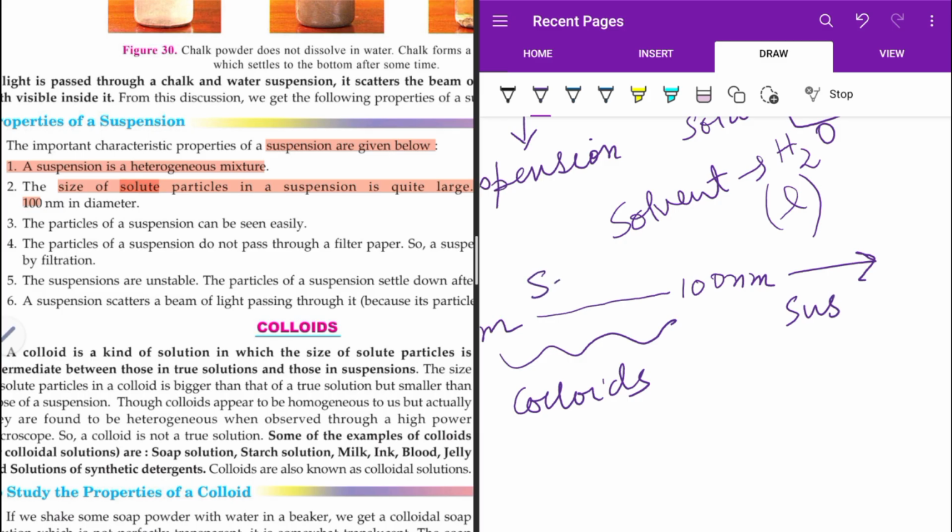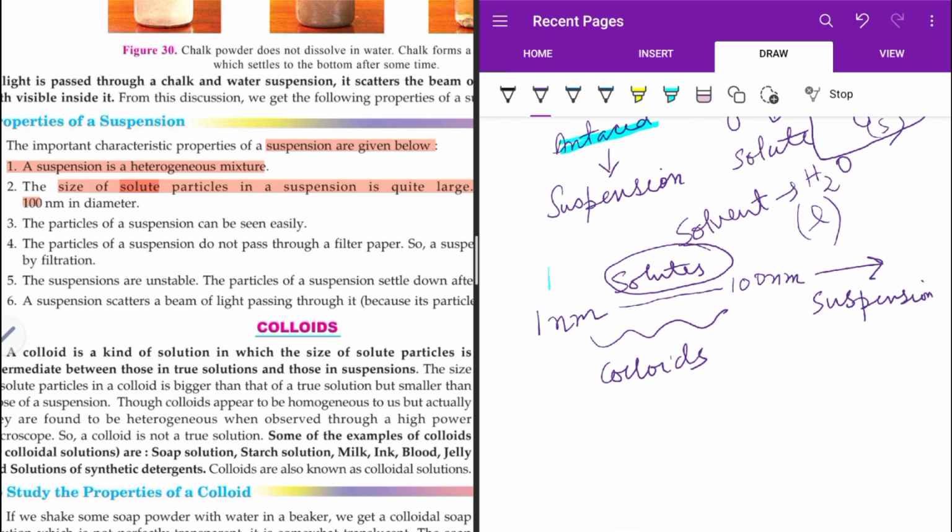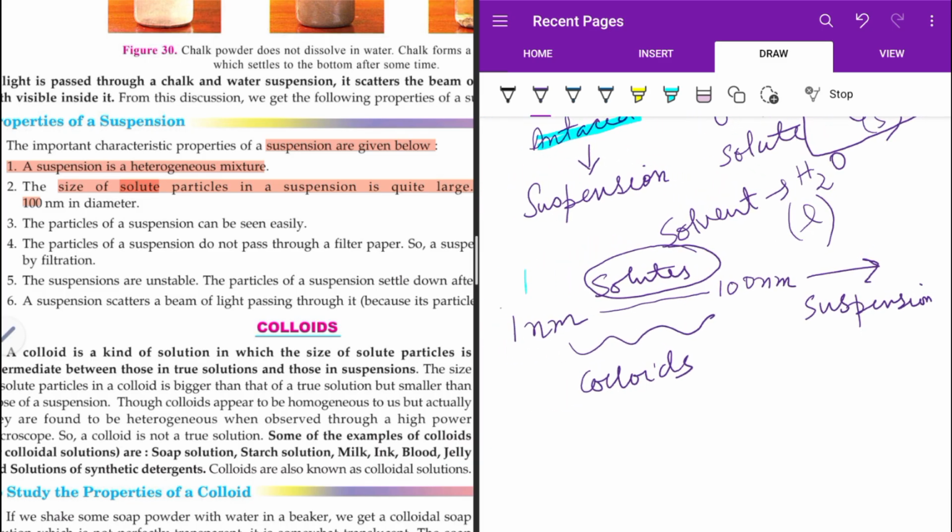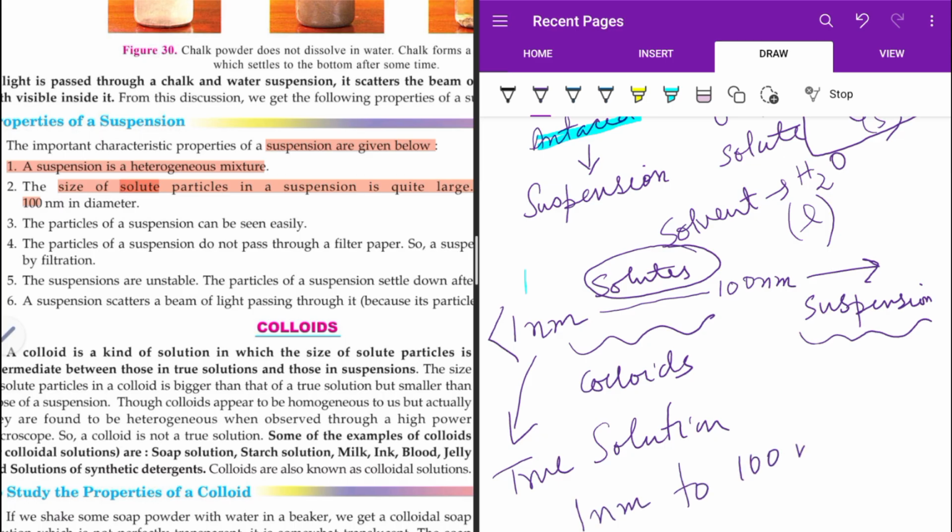the particle size of solutes forms a suspension. So if the particle size of solute is 1 nanometer or less, it is a true solution. If it is greater than 100 nanometer, it is a suspension, and if the size of the solute particles is between 1 nanometer and 100 nanometer, it is a colloidal solution.